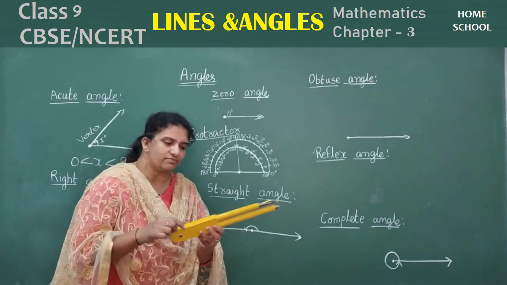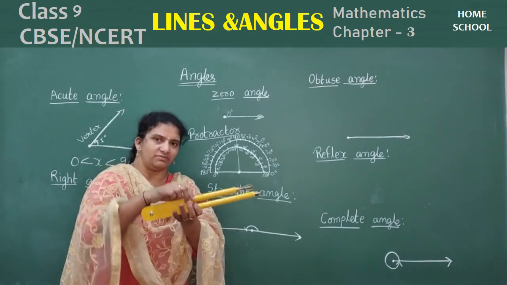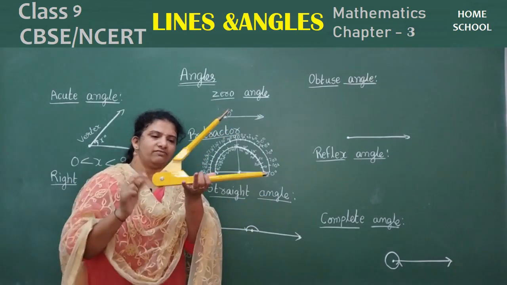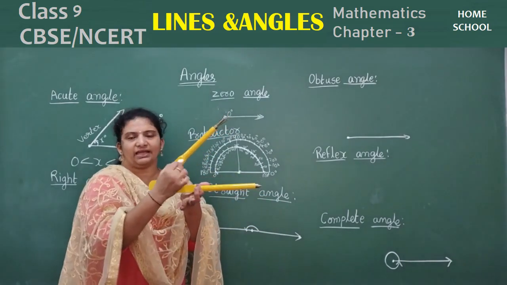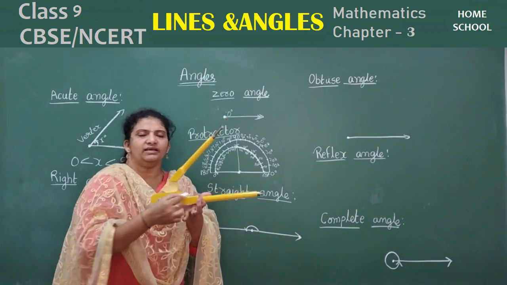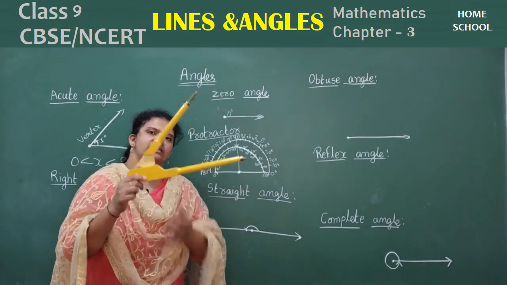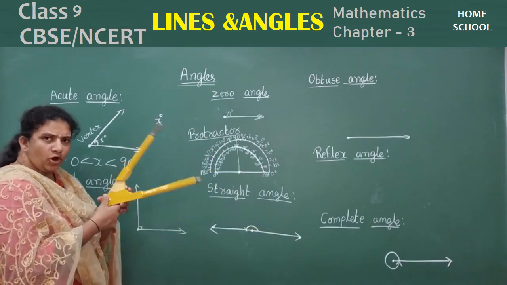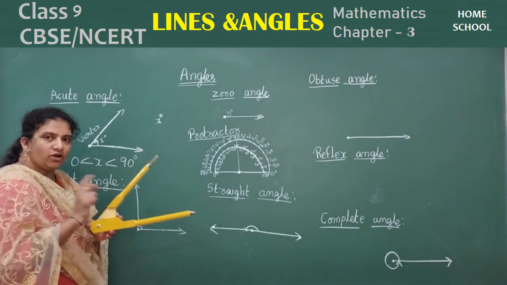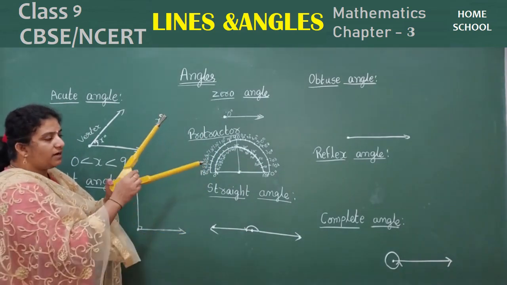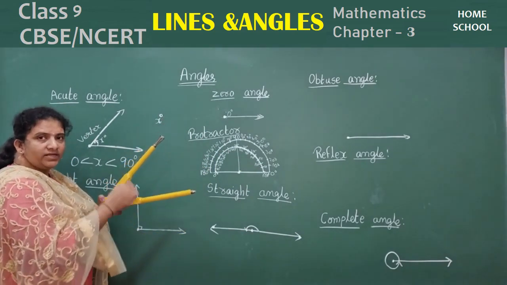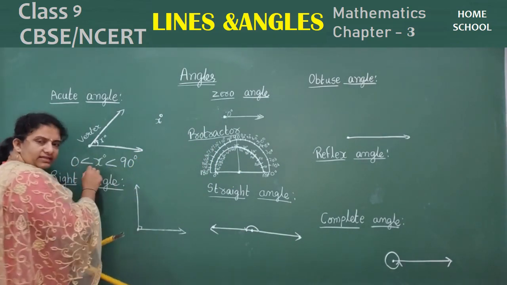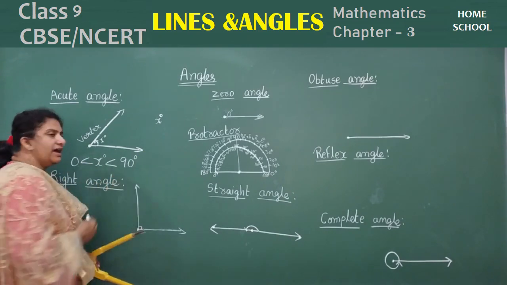Now comes your acute angle. Observe carefully, your point is here. Now it creates an angle. This type of angle I call an acute angle. Same point, same two arms. The measure of the angle will be 0 less than x degrees less than 90.